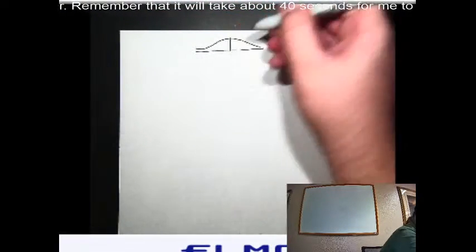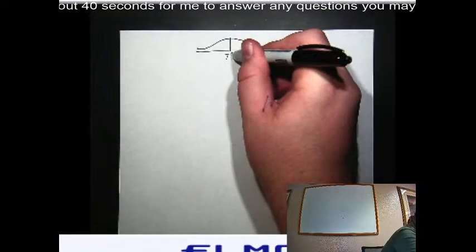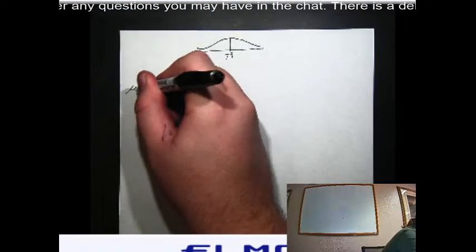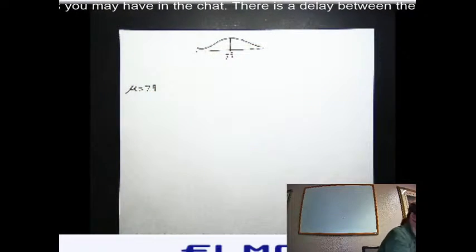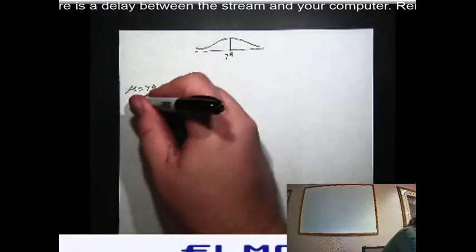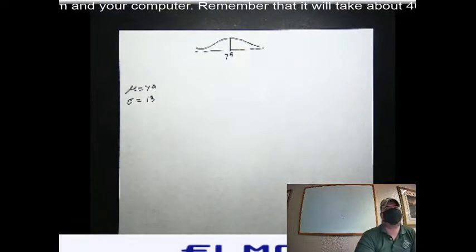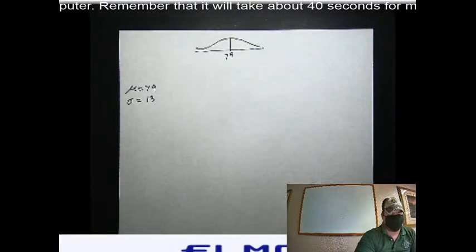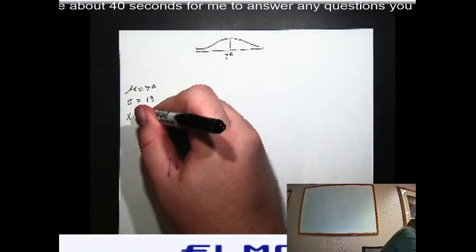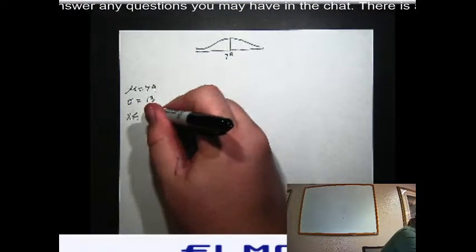But the mean is still right here in the middle, and we're going to say that for this example, our mean is 79. Let's say standard deviation is 13. So what if we want to know how much of our data falls below or equal to 54?